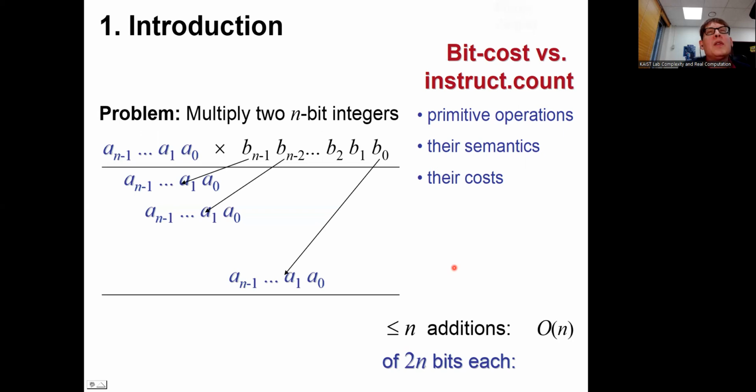The input is linear length, the output is linear length in the number of bits. Only the intermediate calculations are quadratic. And this raises the question, is there a better way of multiplying two n-bit integers in terms of the bit cost? And indeed, there is.